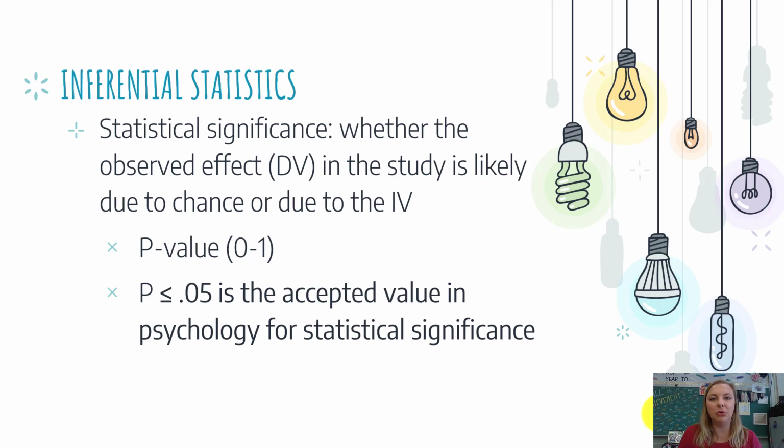A p-value of 0.05 means that there is a 5% chance that something other than the independent variable caused the change in the dependent variable. And as psychologists, we accept that as okay. We say we're good with a 95% certainty that the independent variable is the reason for the change. We understand as psychologists that nothing is black and white. There can be no perfect things. So we'll accept a 5% chance or less.